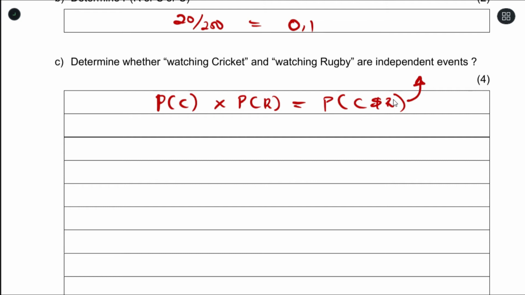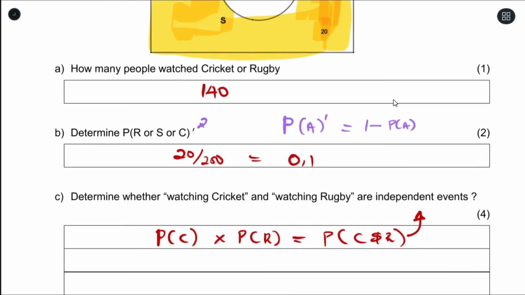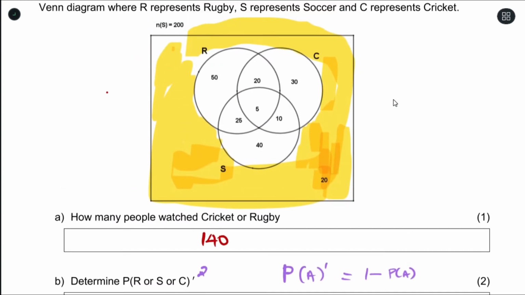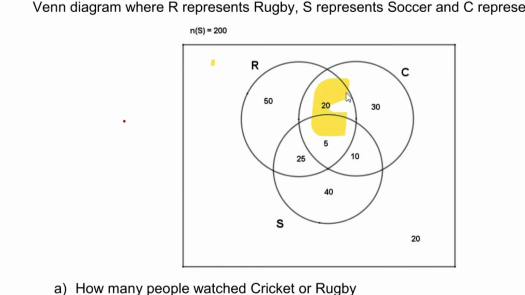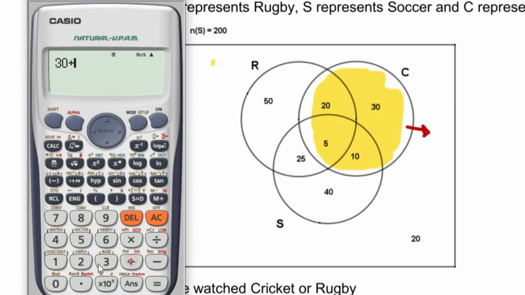Okay, so now let's go back up and look at the probability of cricket, rugby, and cricket and rugby. With cricket, we're looking at everything in the cricket circle. So therefore, that's 65.